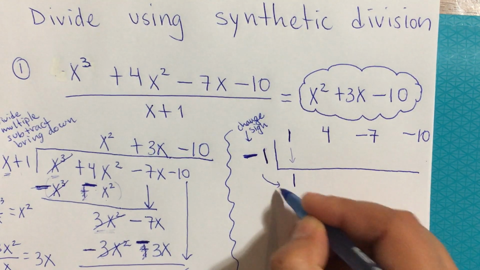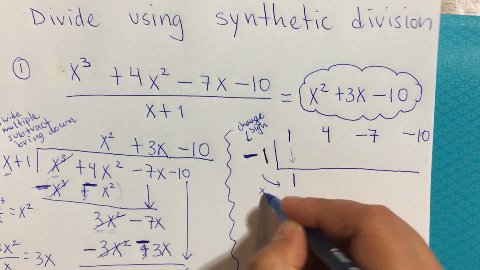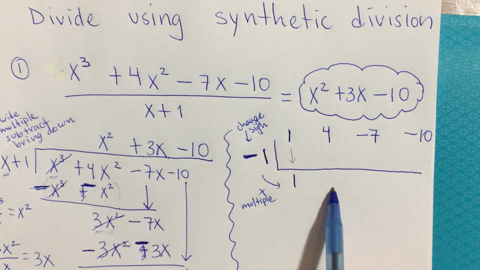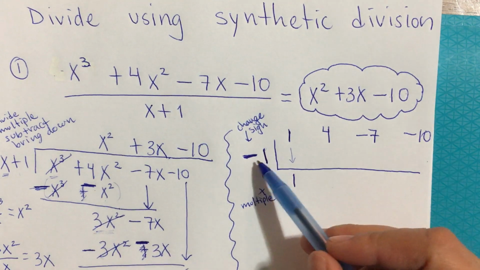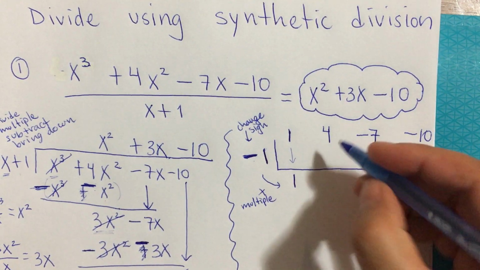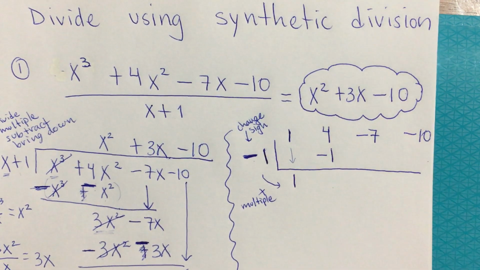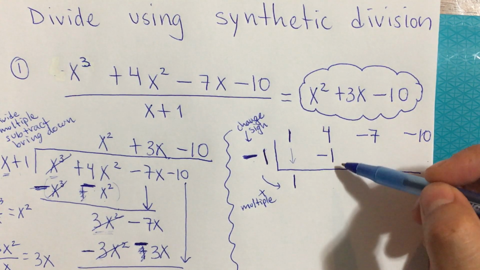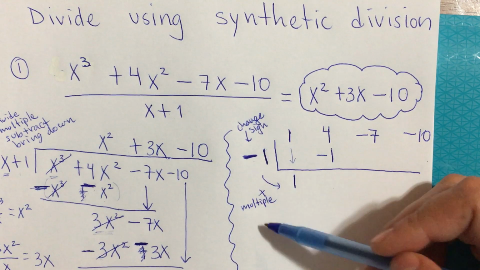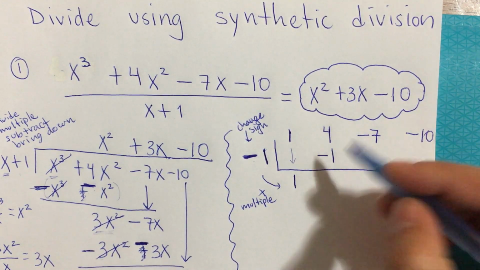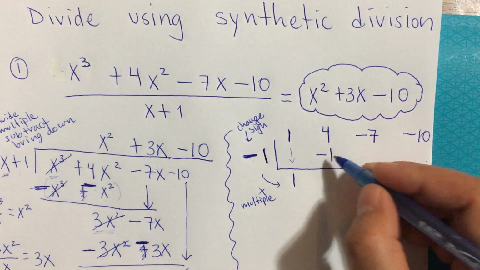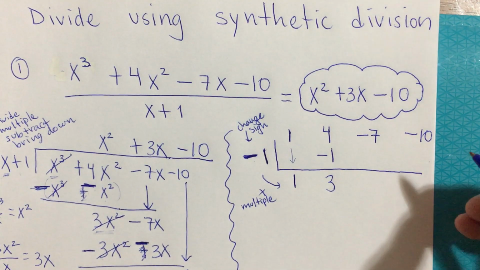You are going to be multiplying, okay, so times each one of the numbers that we get here. -1 times 1 is -1, and we put it in the next one. And then in here, we're going to add those two. Okay, so change the sign, multiply, and then in here we add. It's the third step. So 4 plus -1 is +3.